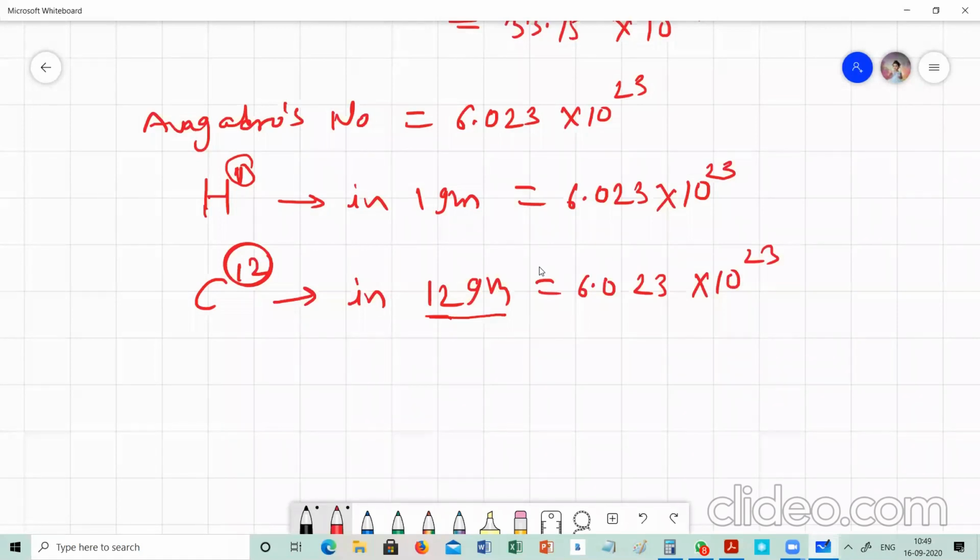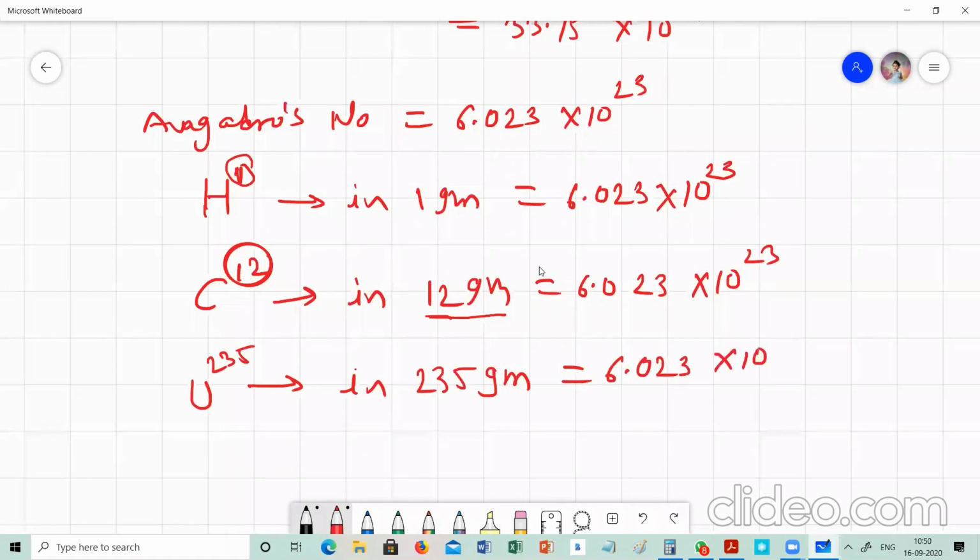Similarly, uranium's mass number is 235, which denotes that in 235 gram of uranium there are 6.023 into 10 raised to 23 atoms.